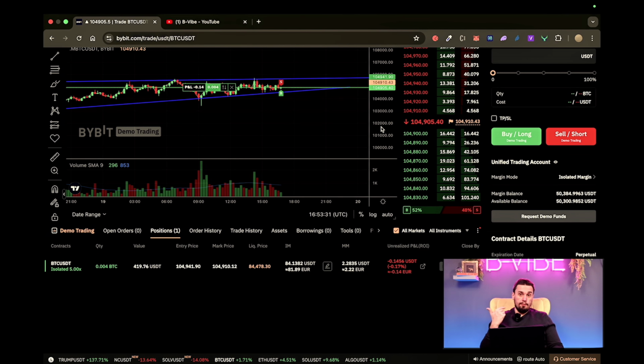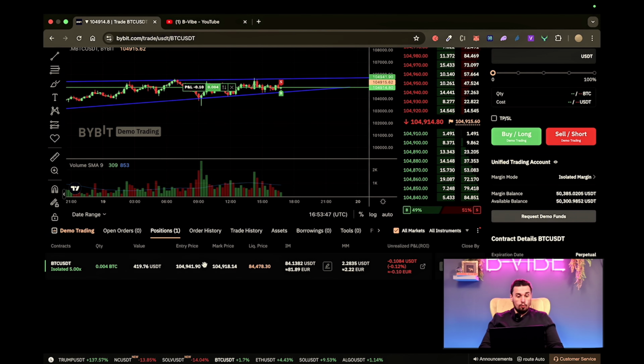That's why it's very important not to put all of your money in a single trade. That's why I didn't put $50,000 in one trade. That's simply degenerate. Don't do that. Put around 1 to 2% of your margin in one specific order, not more than that.